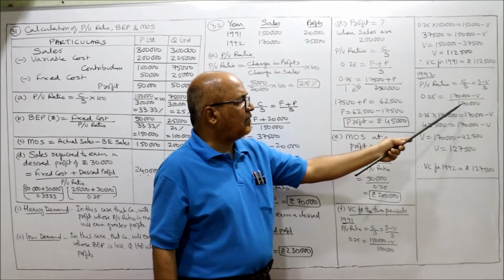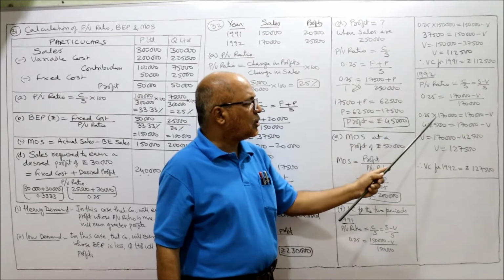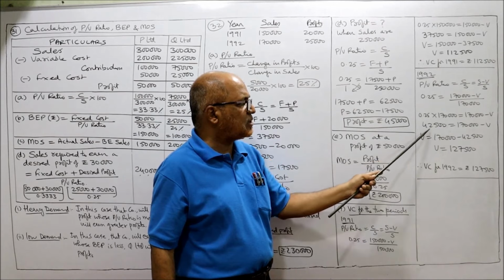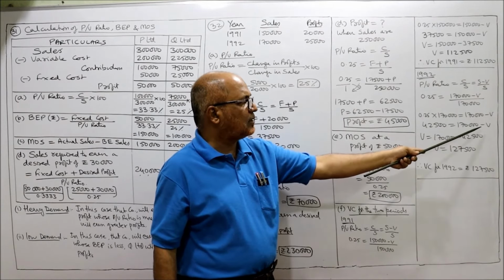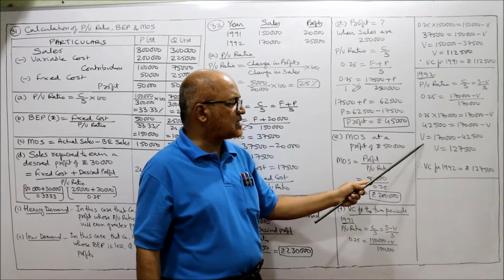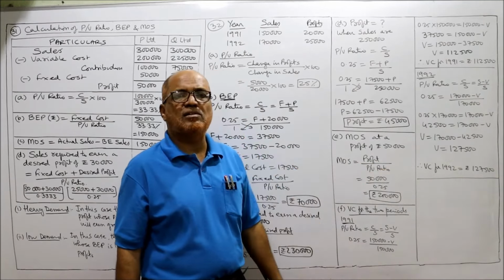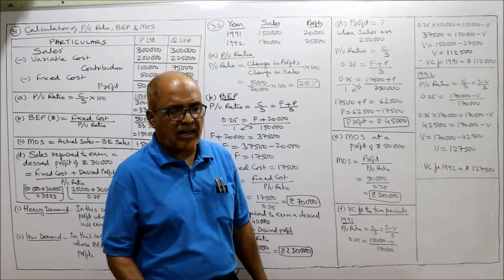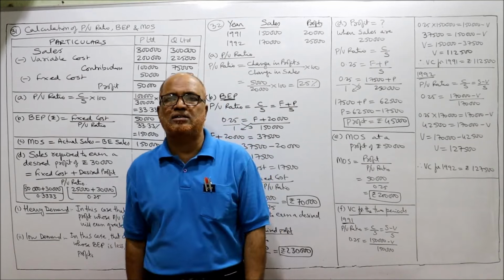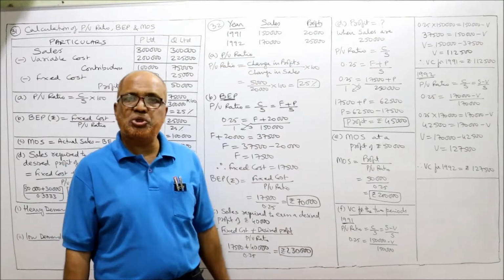So 0.25 into 1,70,000 is equal to 1,70,000 minus V. So multiply 0.25 into 1,70,000, 42,500 is equal to 1,70,000 minus V. Now bring the V to LHS. 1,70,000 minus 42,500, 1,27,500. The variable cost for 1992 is 1,27,500. That's all. This is the problem number 32.